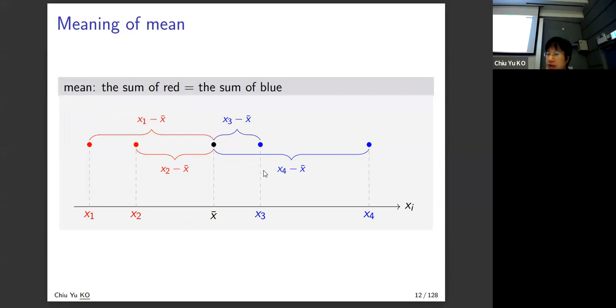What does that mean? Look at this one. We have data x1, x2, x3, x4. What does x bar mean? X bar means look at the distance to the left from all data, which is represented by the red color.